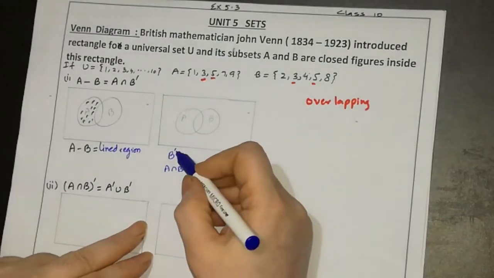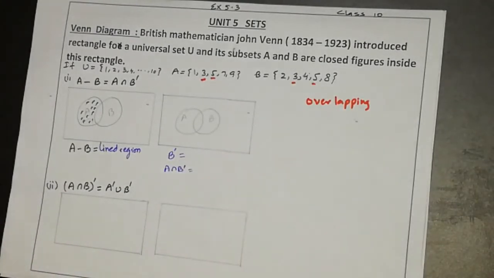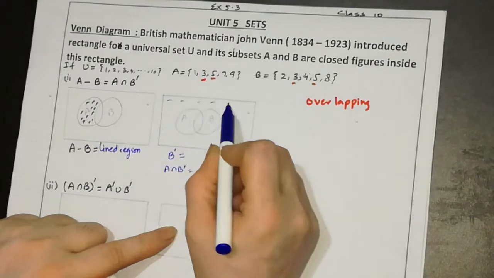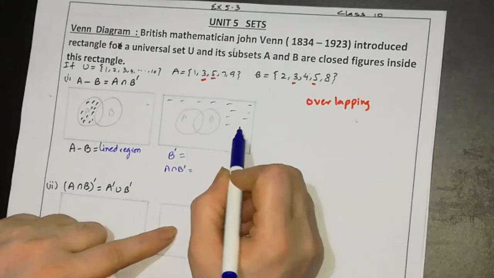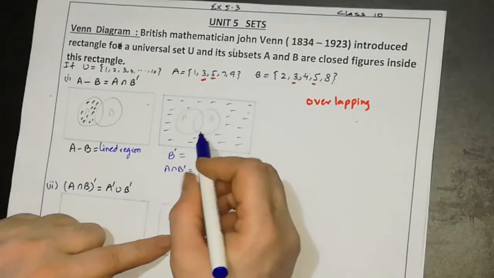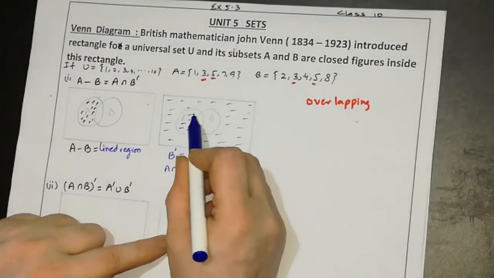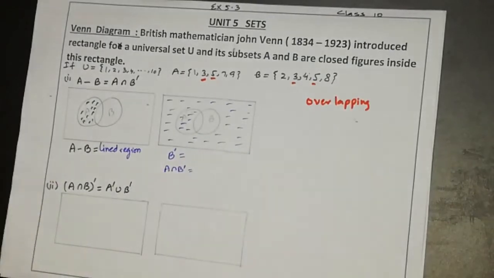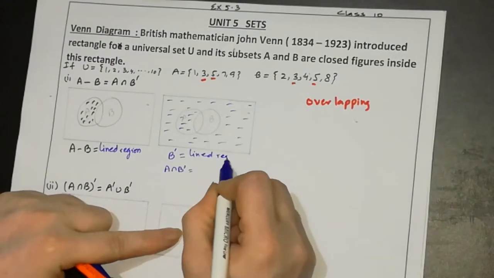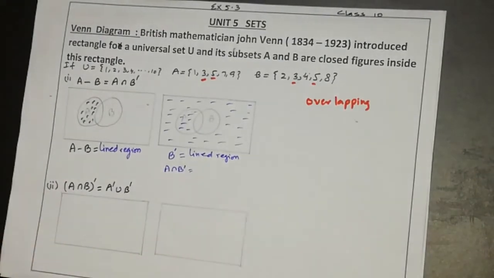B complement means those members of U which are not present in B. Look at this. These are those members of U which are not present in B. So this is the answer, the lined region. The lined region means that this is the answer, those members of U which are not present in B.